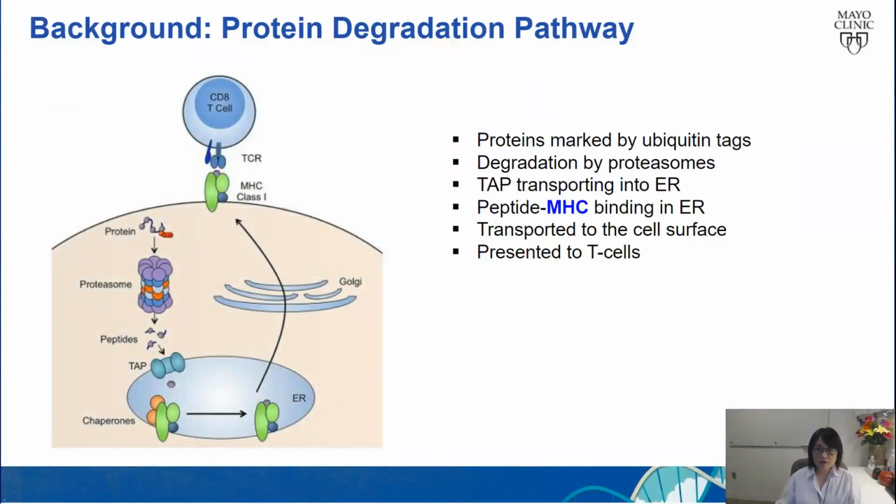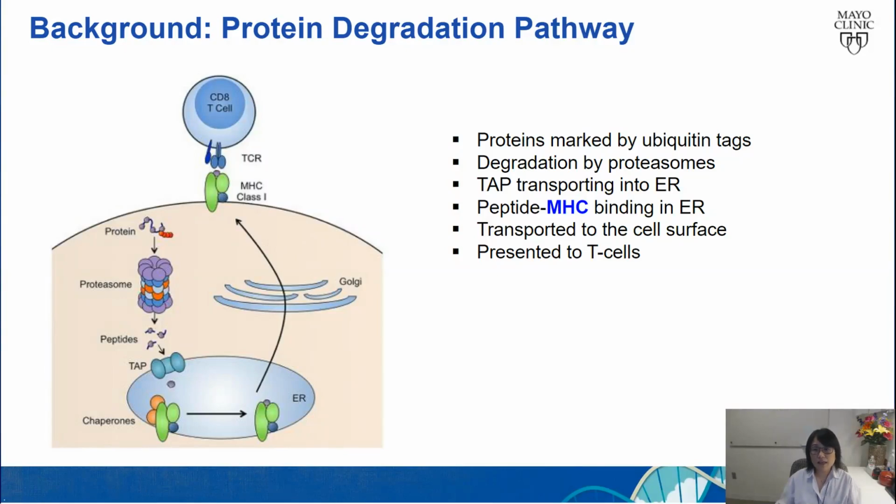Let me first give an overview of relevant biology and introduce some terminologies. First, the protein degradation pathway. At the middle of this figure to the left, proteins marked by ubiquitin tags are degraded by proteasomes, and the resulting peptides are transported into the ER by TAP.